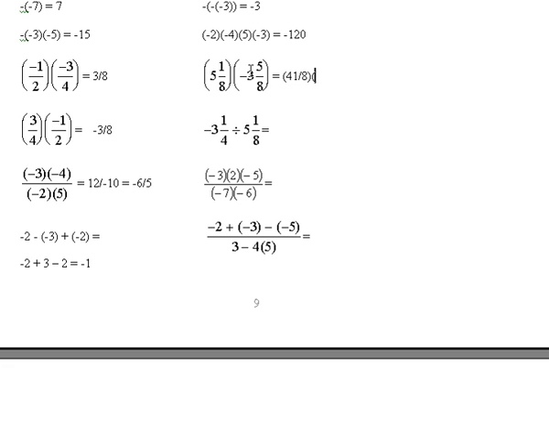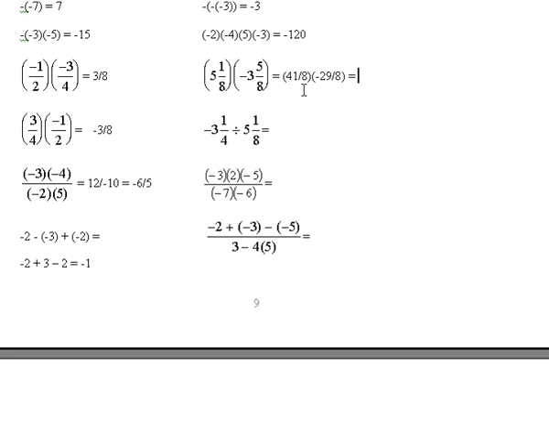This number here, well, it would be negative. And what is it? Well, 8 times 3 is 24, 24 and 5 is 29, so 29/8. Okay, at this point, if we could reduce something, I would do that.